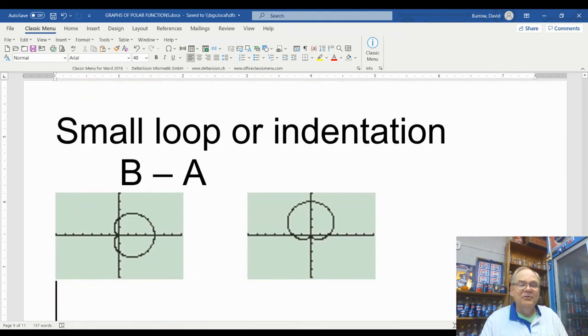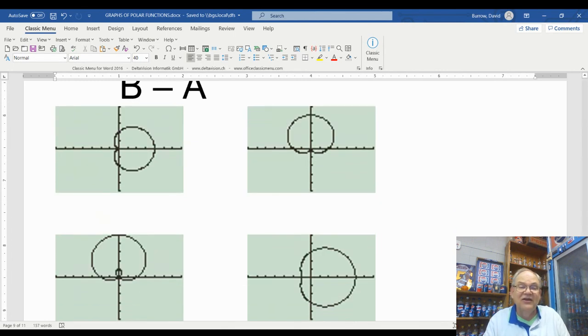For the small loop or indentation, what you do is you subtract those numbers, and in particular, you subtract second minus first. Now, I told you before that on these first two, the equations were 2 plus 2 cosine theta, 2 plus 2 sine theta. Either way, if you do 2 minus 2, you end up getting the origin, you get 0, and that's where this indentation goes.